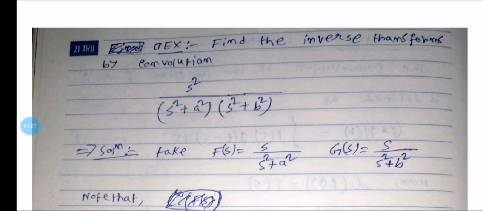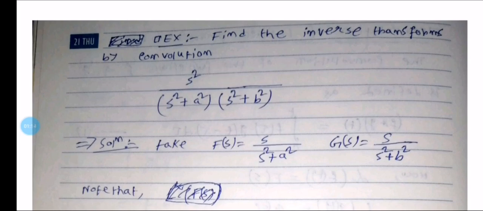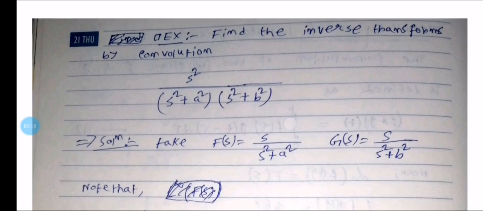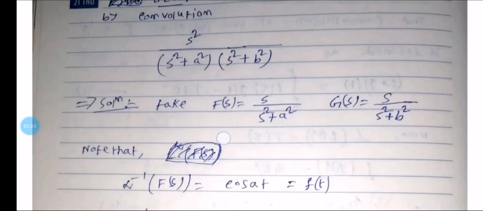We come to the example. Find the inverse Laplace transform by using the convolution of this function: s squared by (s squared plus a squared) into (s squared plus b squared).